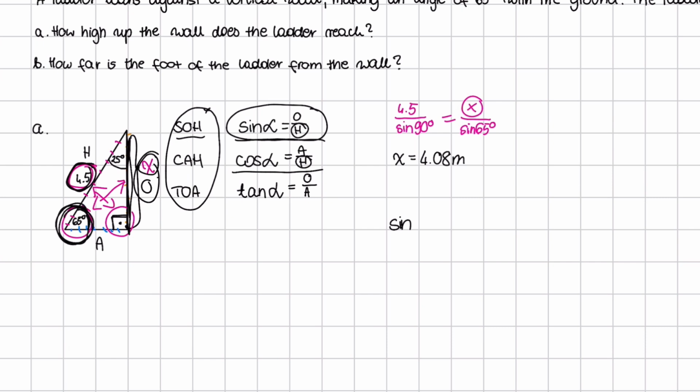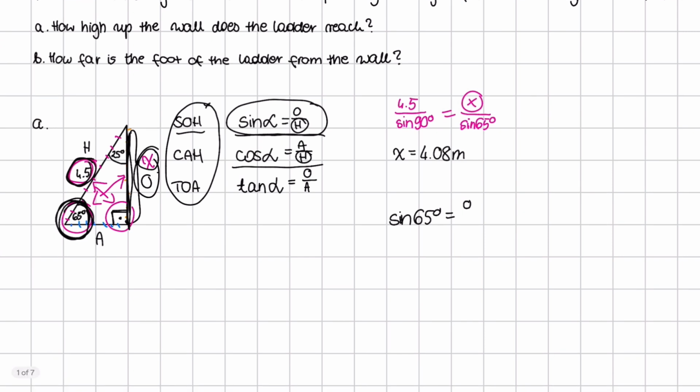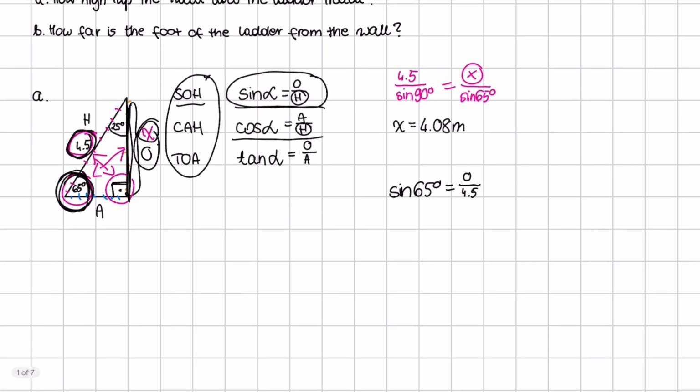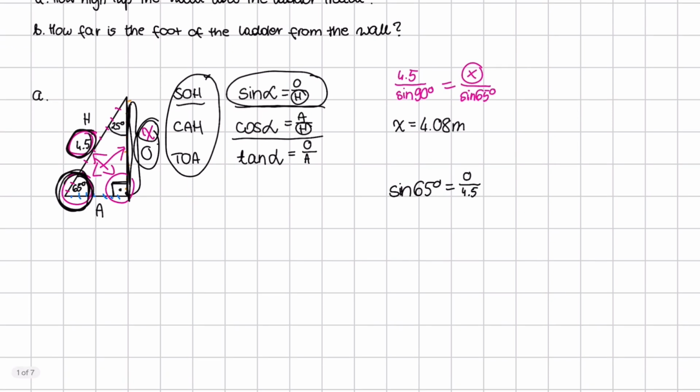We are focusing on 65 degrees, so sine 65 degrees equals opposite over 4.5, our hypotenuse.